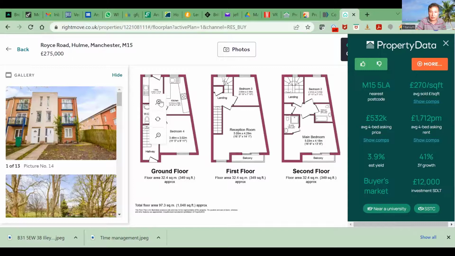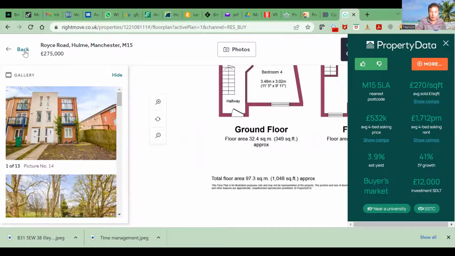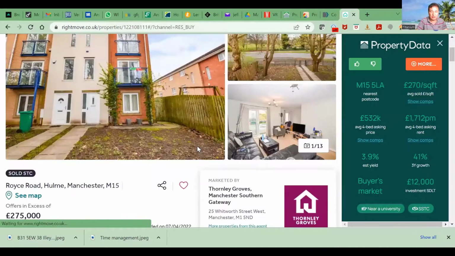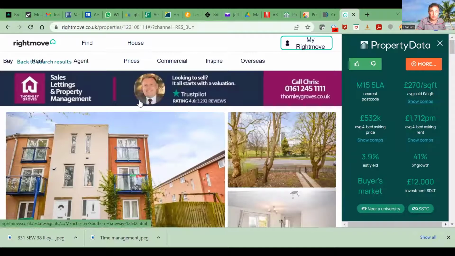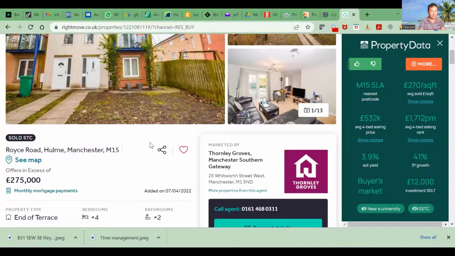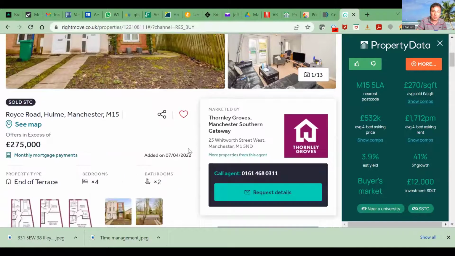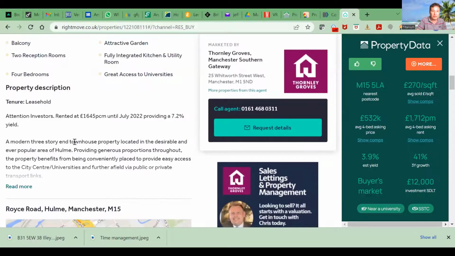Let's look at how big it is. It's 1048. So how much are they selling for? 275. 1048. Is it 262 pounds PSF? Very nice, right?